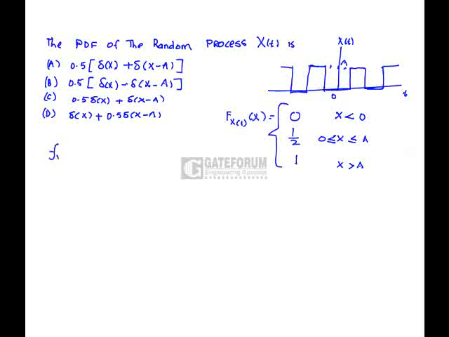So the probability density function is nothing but d by dx of F_X(x), which has a magnitude of 1 by 2.